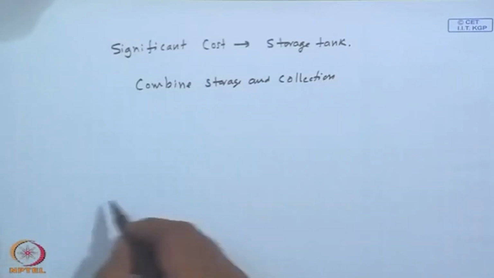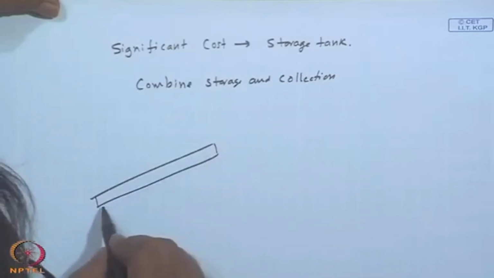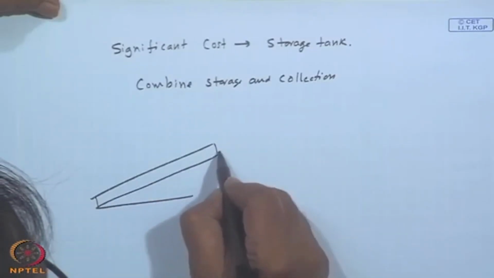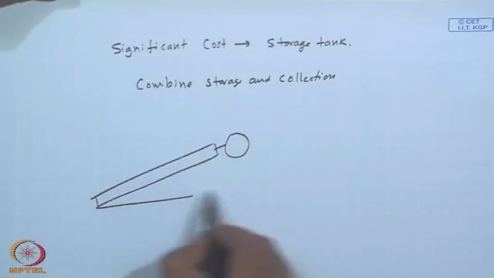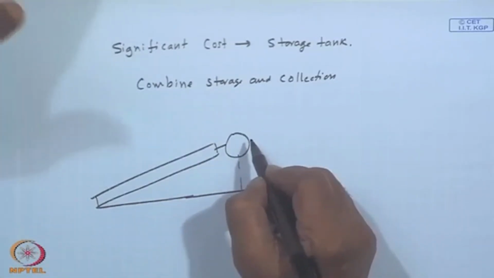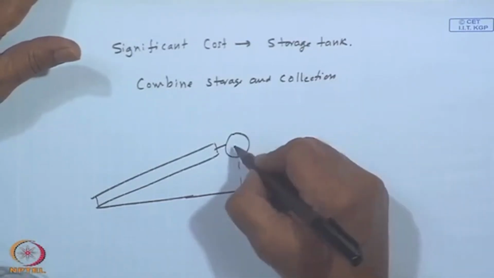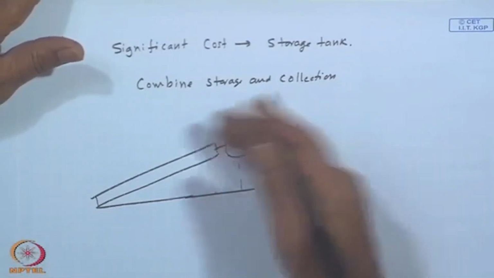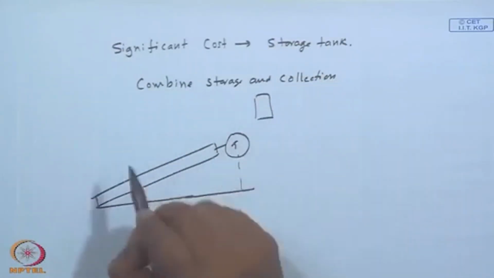Of course, there are some designs which say that storage and collection are combined with a tank joined with this. This is really not combining the storage and collection, only the tank is kept near the collector instead of somewhere vertical, something like this.